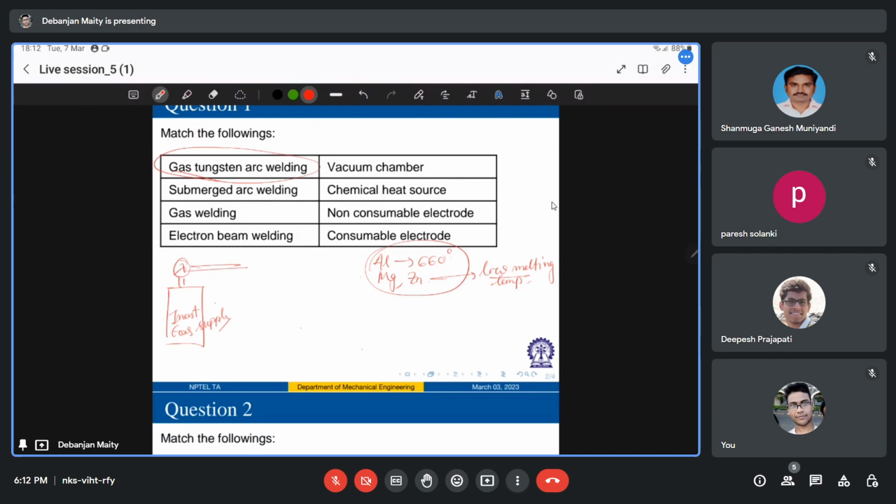Let's say this is your torch handle. Torch in the sense from where you are holding your electrode, right? And then you have this tungsten electrode over here, with some kind of gas nozzle provided.